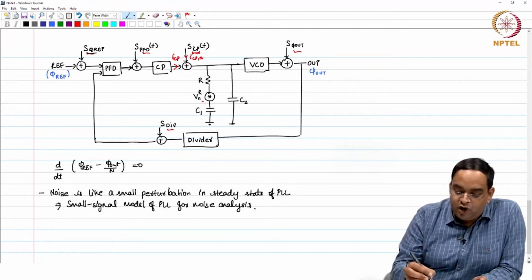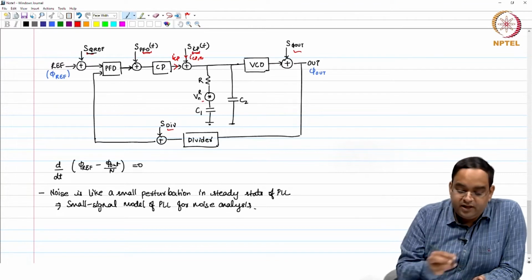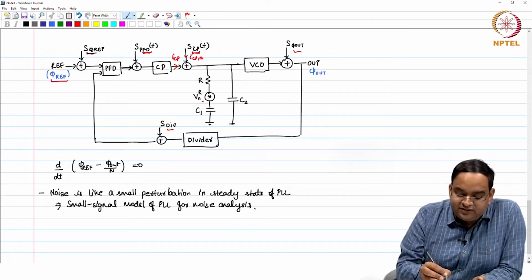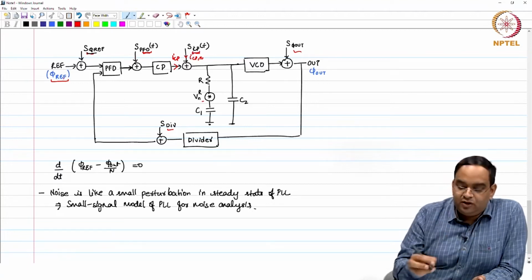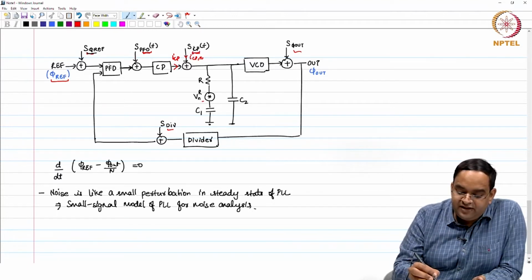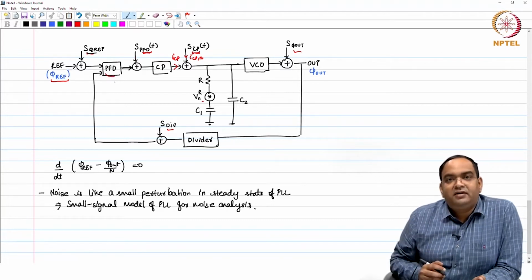At the output of the PFD, the noise is added in the voltage domain, the way we have noted it. At the reference input, the noise is added in the phase domain, because the phase frequency detector is finding the phase error.